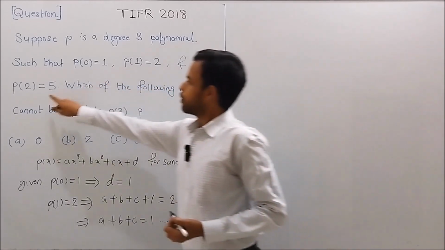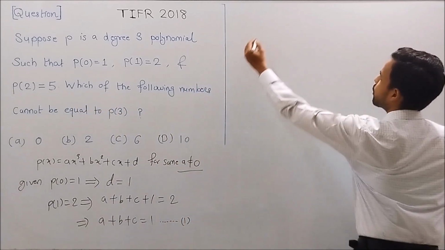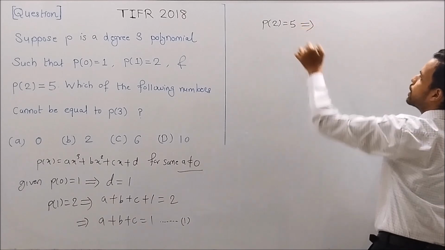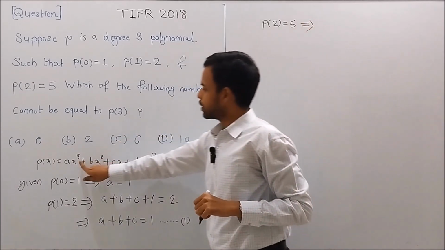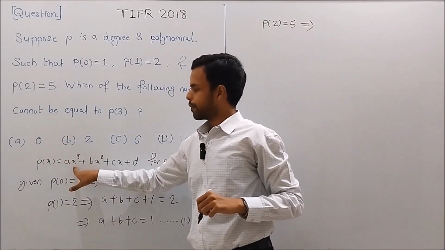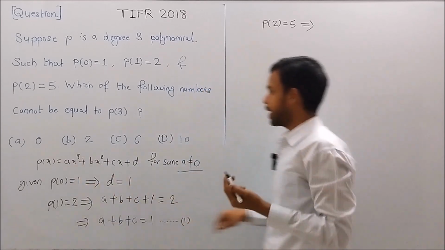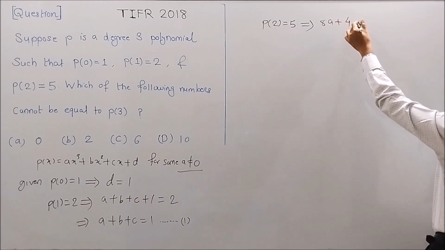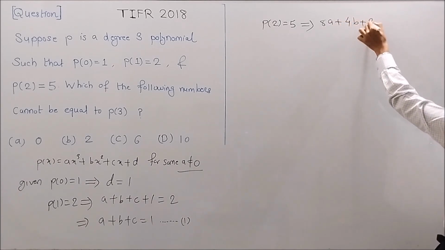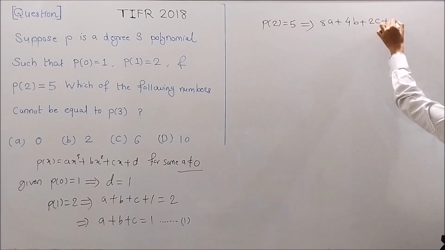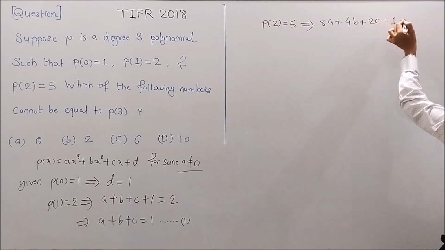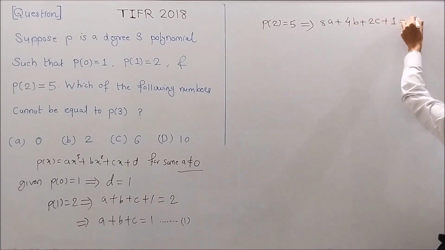Now we will use the value P of 2 equals 5. Just substitute x equals 2 here. So a times 2 cubed, that is 8a, plus 4b plus 2c plus d, where the value of d is 1, equals 5.